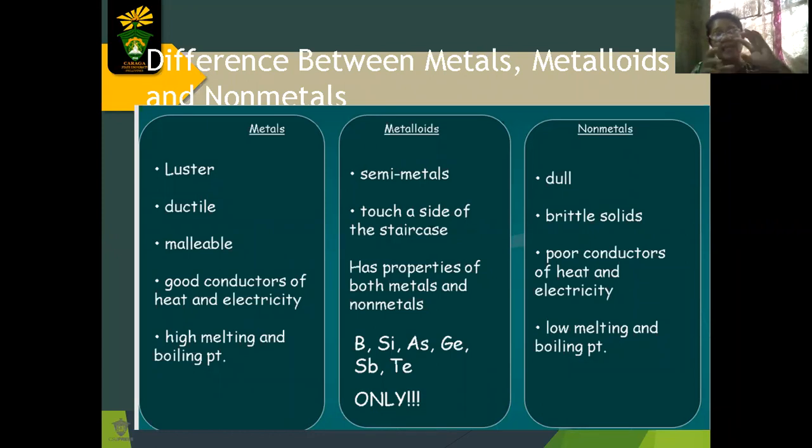So in most cases, they wrap the upper portion, the handle, with a non-metal, which is rubber, so that when you hold it, it is not hot. Rubber is made of non-metals, so they have a low melting point and low boiling point.